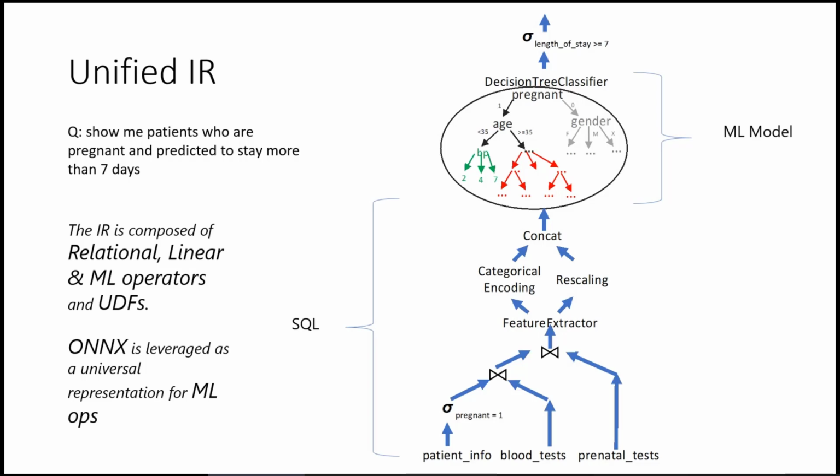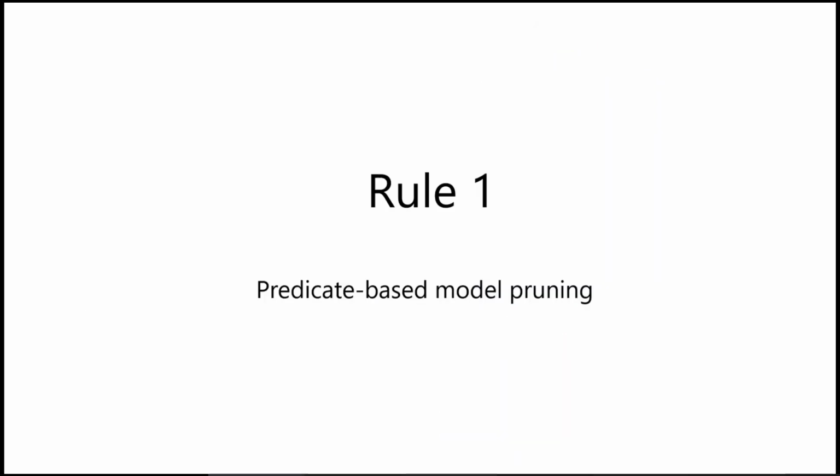So that helps. And once we have that big graph, the unified IR, we can begin to talk more about what happens to it to apply the Raven rules for optimizations on your inference. So rule number 1 is predicate-based model pruning.